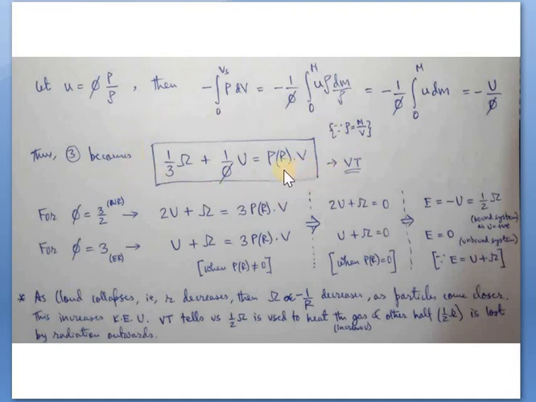Now, what we observe is that for the non-relativistic case, phi is equal to 3 by 2, and for the relativistic case, phi is equal to 3. Okay? Then you see we have got these two forms for these different cases. This one is for PR not equal to 0 and this form for PR is equal to 0. Now let us concentrate on this form where PR is equal to 0.